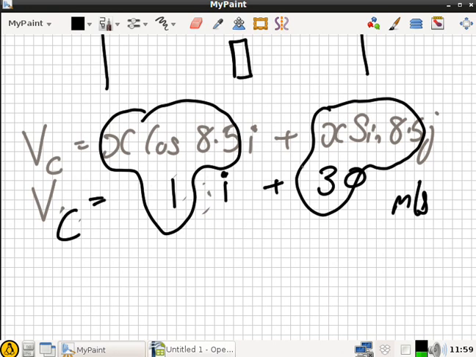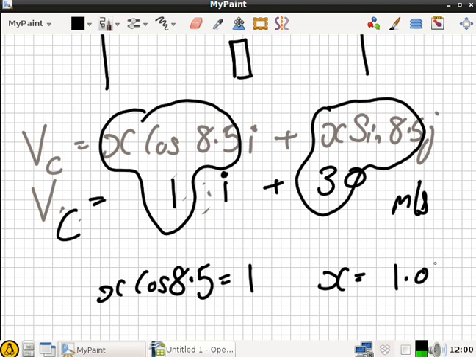Maybe you can. Can somebody type in, please, x cos 8.5 equals 1. So what would x equal? No, 1i and 30j. It's 1.01. The x is 1 point what? 1.01. Okay, 1.01. And then if I use it this way, the x is what? x sine 8.5 equals 30.